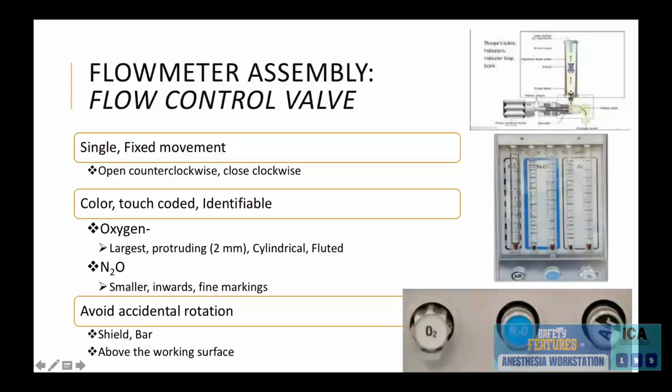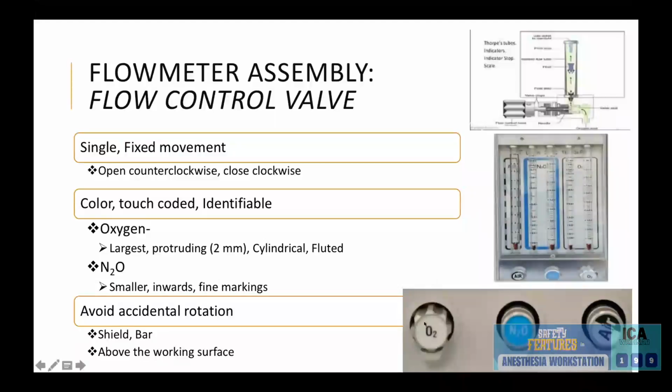And the oxygen knob is the largest. It has wide flutes. It is protruding 2 millimeters more than the other knobs. And there is a distance of 25 millimeters or 2.5 centimeters between 2 knobs, so that when you are moving one, the other doesn't get rotated accidentally. The nitrous oxide knob, of course, is smaller. It is more inwards and it has fine serrations besides being color-coded.